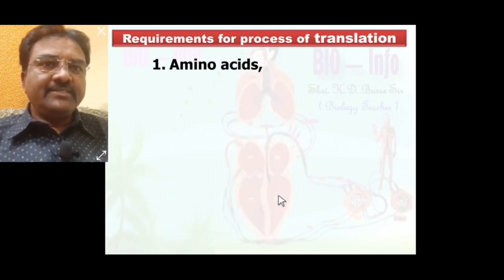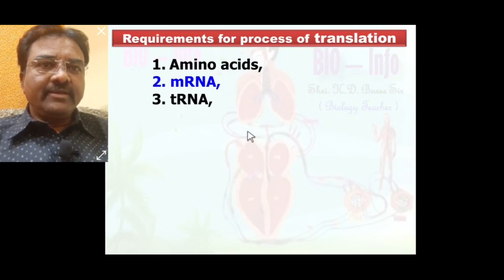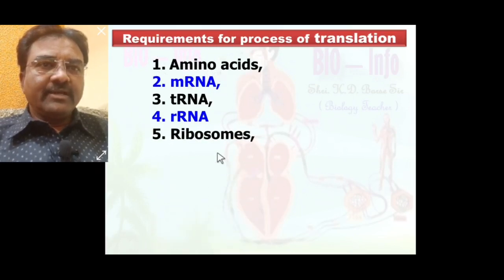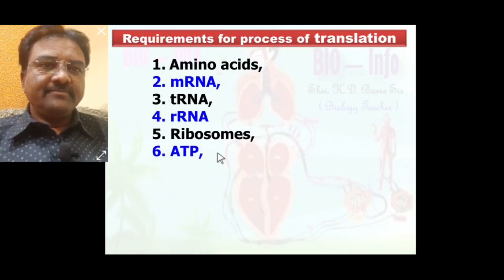Amino acids are essential. mRNA, tRNA, rRNA, the non-genetic RNAs, are required. 20 amino acids are most important. Ribosome is the site of protein synthesis. ATP, adenosine triphosphate, as energy.